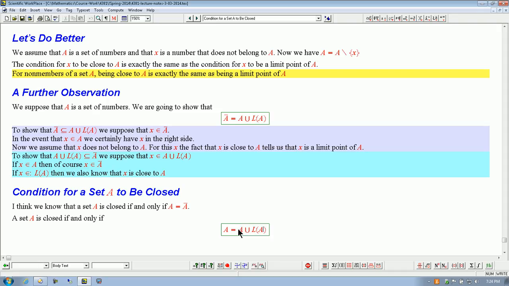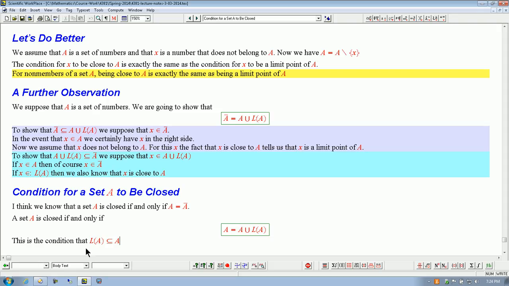What objects get to belong to the union? Either in A or in L of A. But if the members of L of A happen to belong to A already, you wasted your breath even mentioning. I want to tell you, this is the condition that L of A, the set of limit points of A, is a subset of A, that every limit point of A has to belong to A.